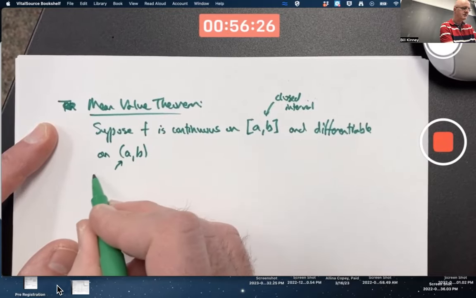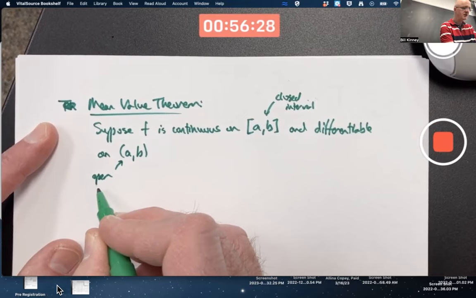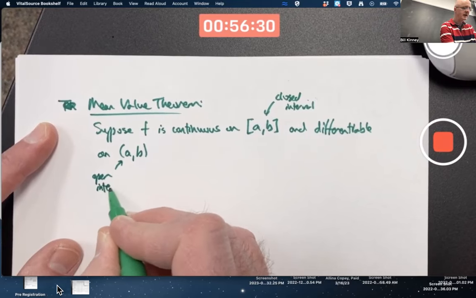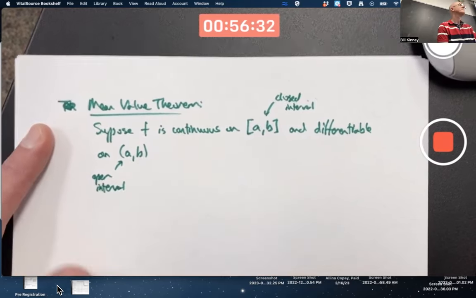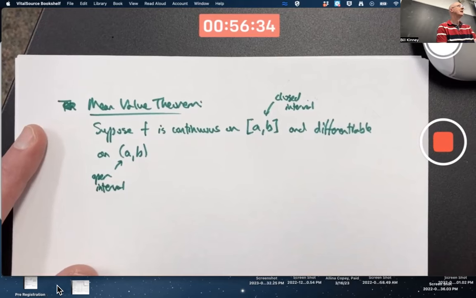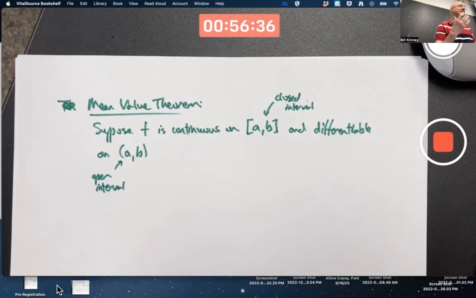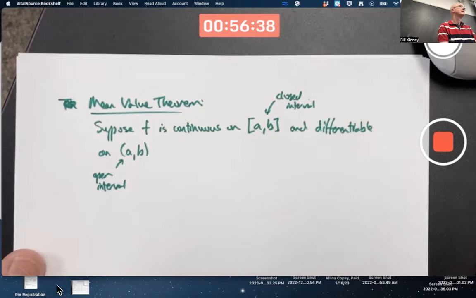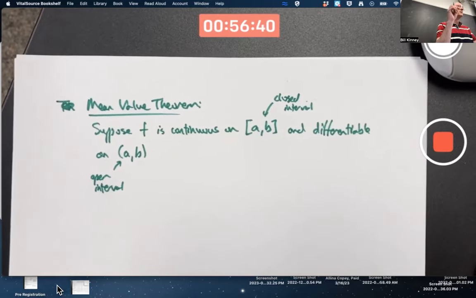That's an open interval. It's unfortunate that the notation for open intervals is the same as the notation for points. You have to tell if you're talking about a point or an interval based on context. This is an interval. A and B are numbers on the number line.